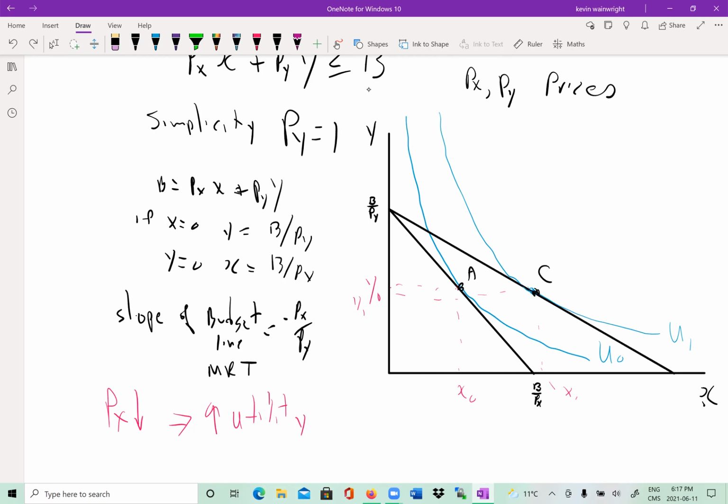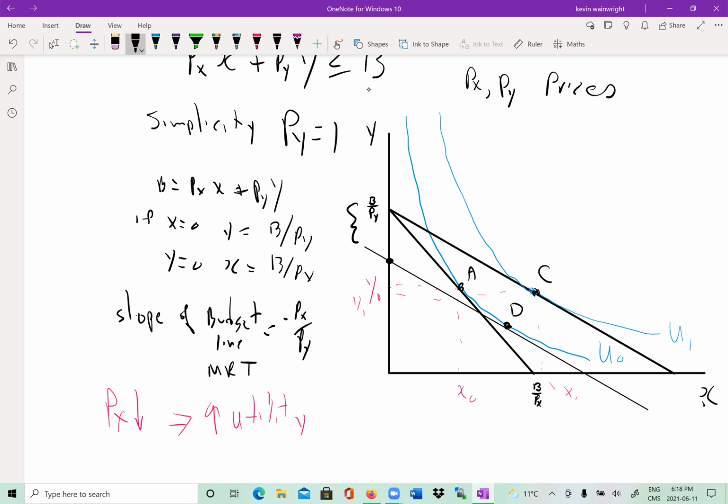So if I go to the original budget line, and then I shift the new budget line back around the original indifference curve, right? And I get what I'll call point D. And this, shifted back, means that I'm at the original indifference curve, but at a new price ratio. The budget line is now flatter, but my utility is exactly the same.